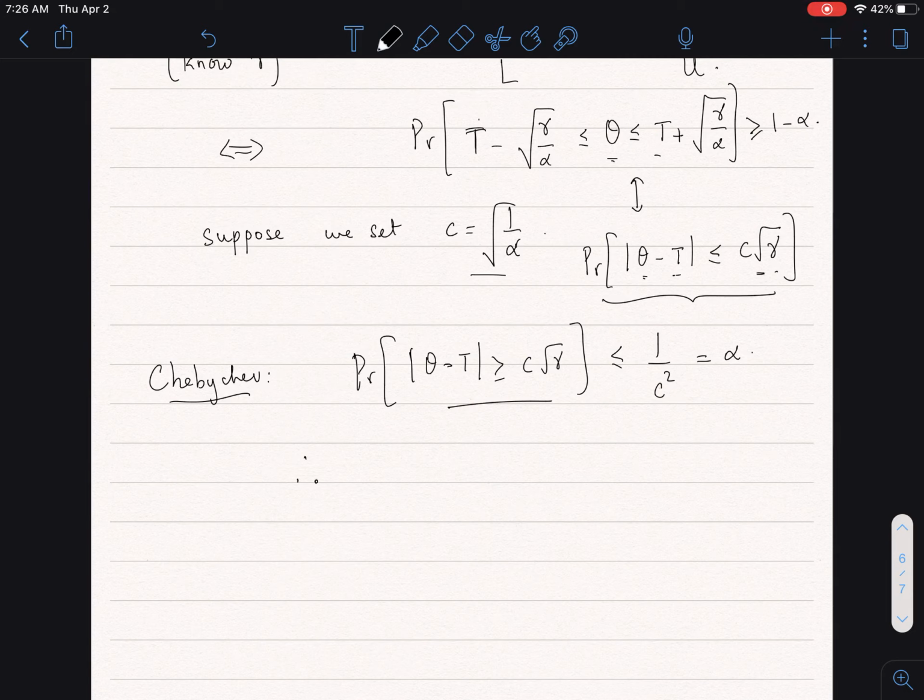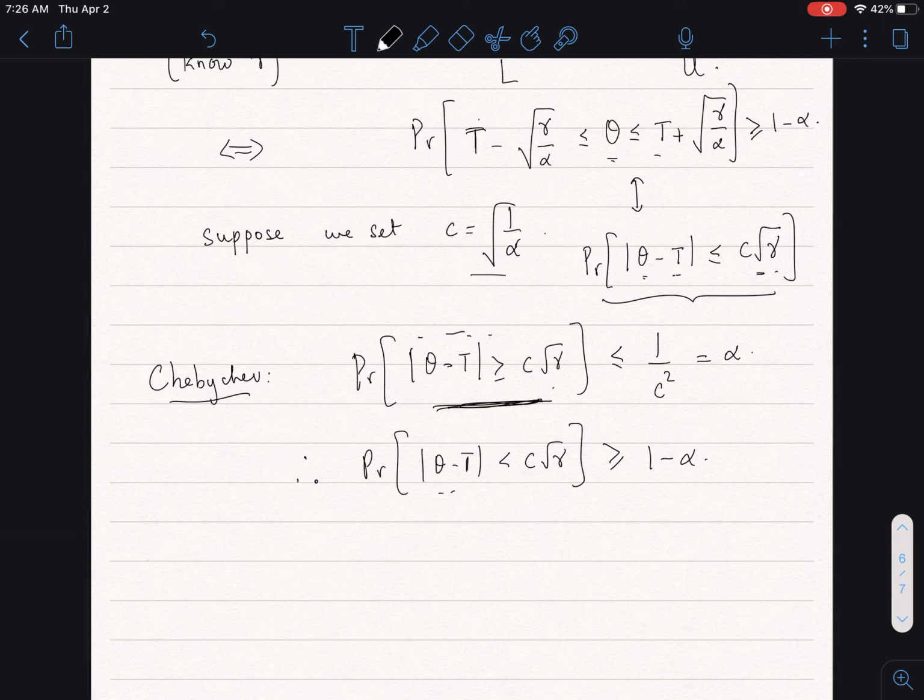Therefore, the probability that theta minus T is less than C root gamma must be at least 1 minus alpha. If you think of alpha as being 0.1, then Chebyshev is telling you that the probability that this quantity T minus theta is more than C root gamma is less than 10%, so less than 0.1.